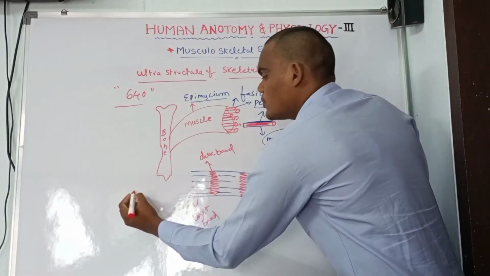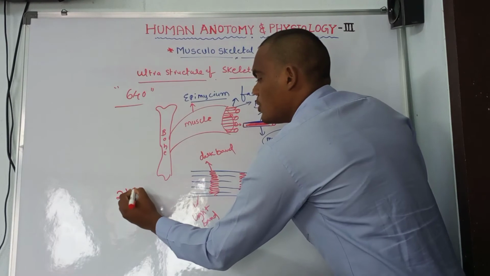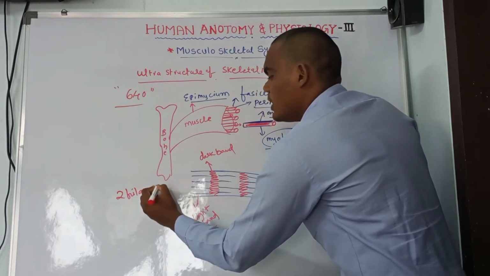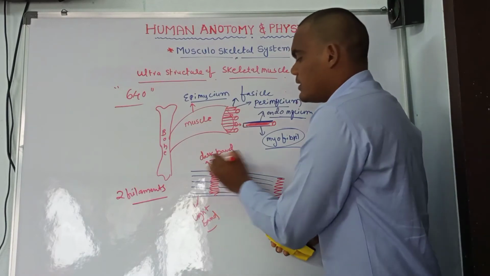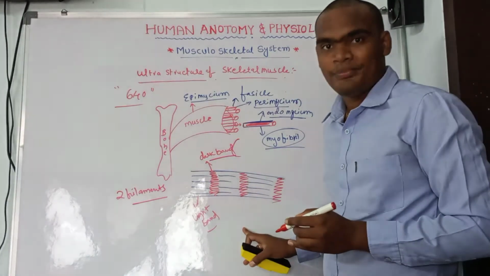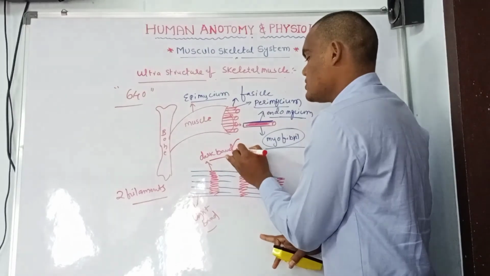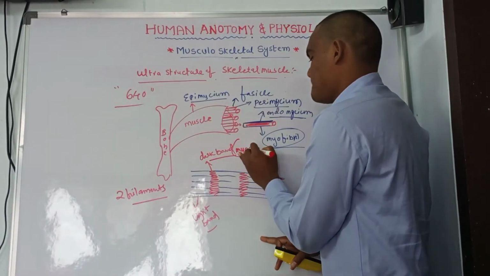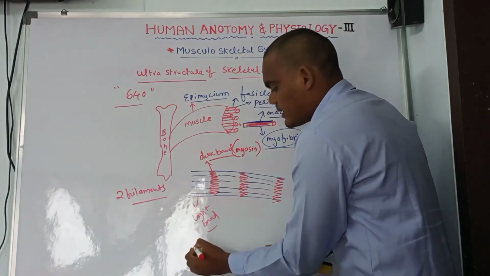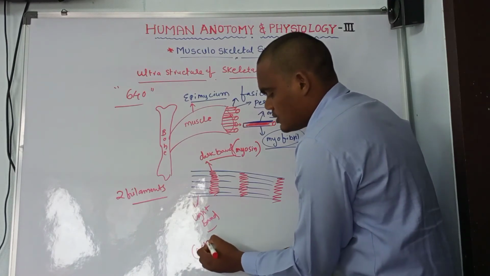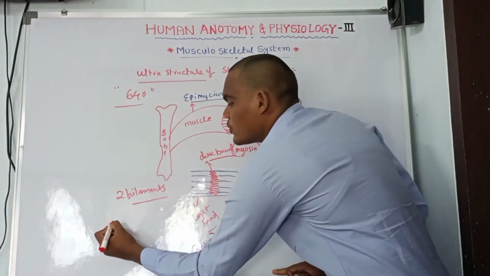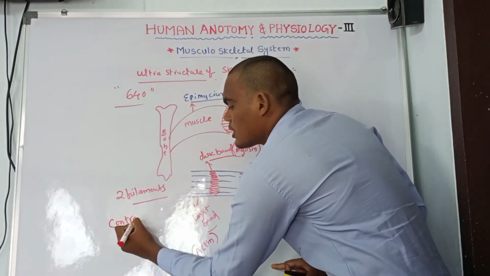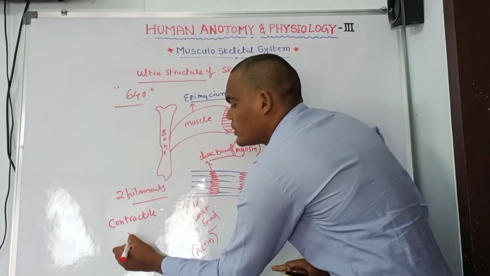What are the two filaments? The dark band consists of myosin and the light band consists of actin. These two are also contractile proteins.